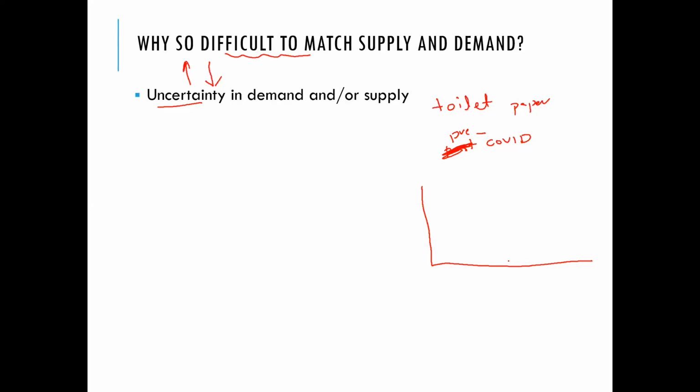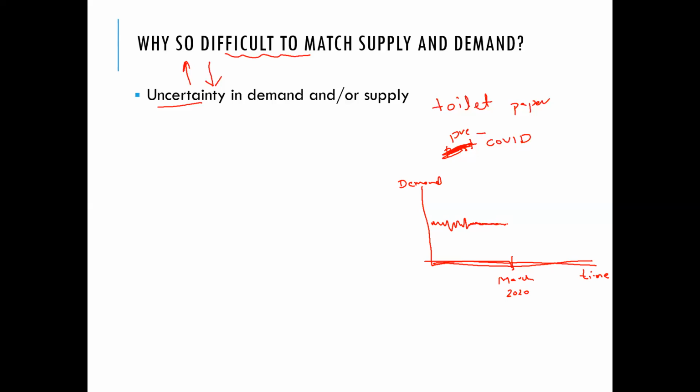Let's for a second assume that this is March of 2020, and that the demand started increasing after March 2020. That's not the exact date, but let's assume that. This is your time, obviously, and this is your demand for toilet paper. There was some fluctuation even before March 2020 as well.